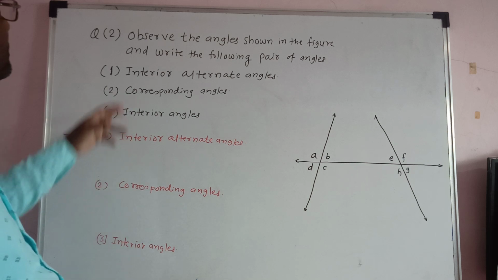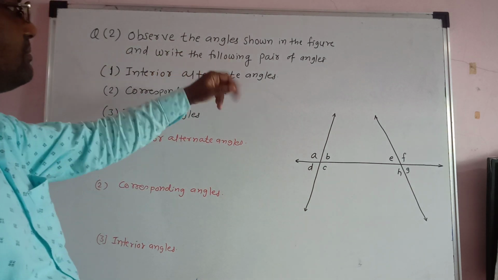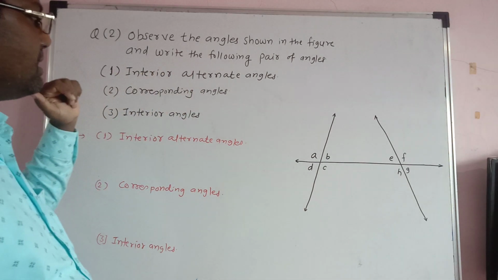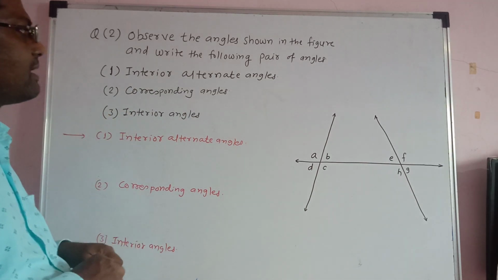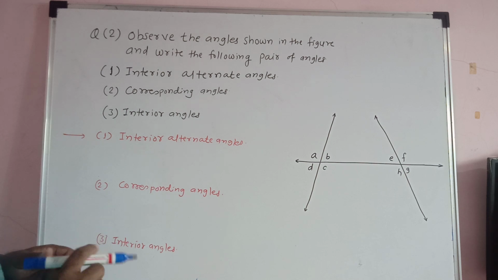Now question number 2. Observe the angles shown in the figure and write the following pairs of angles: interior alternate angles, corresponding angles and interior angles. First is interior alternate angles.